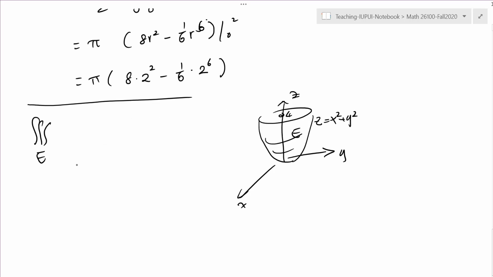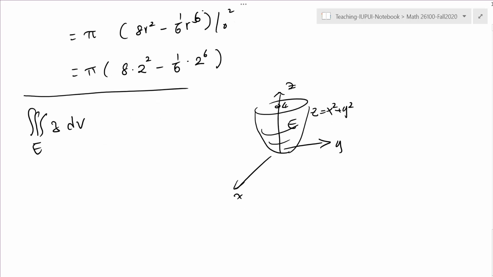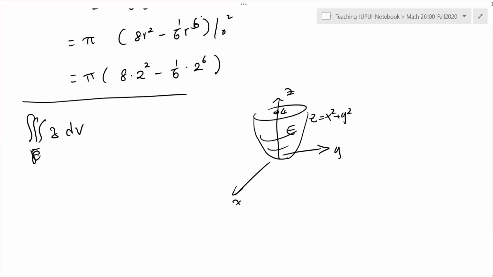Let's use the E in the book. So how do you set up an iterated integral for this triple integral?